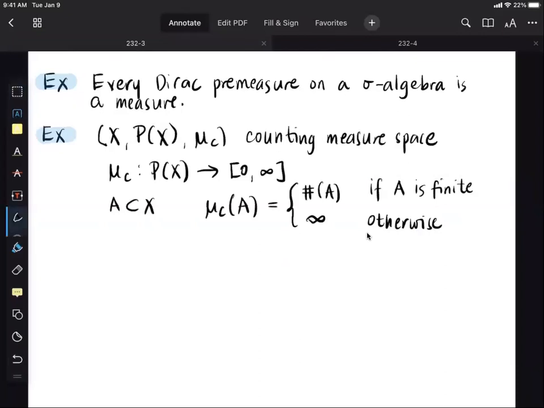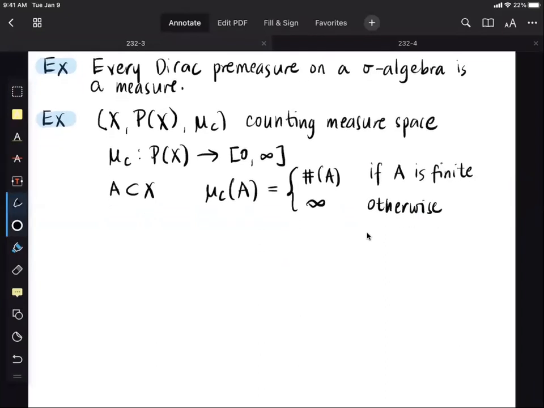So let us verify if this is indeed a measure on X. Since the power set is already a sigma algebra, we only need to prove that this mu c is a premeasure.